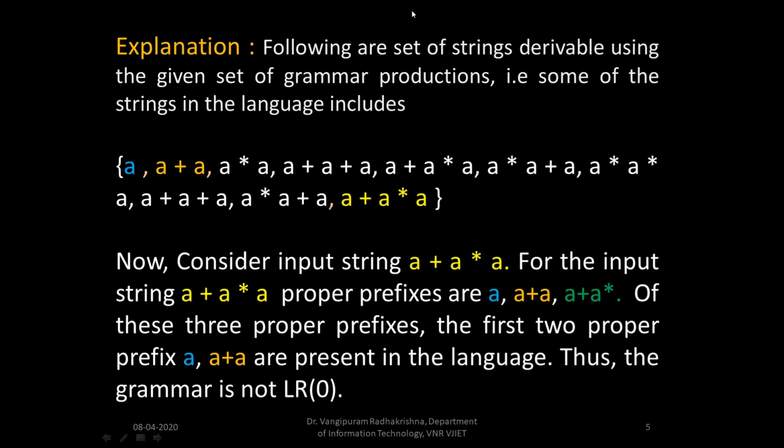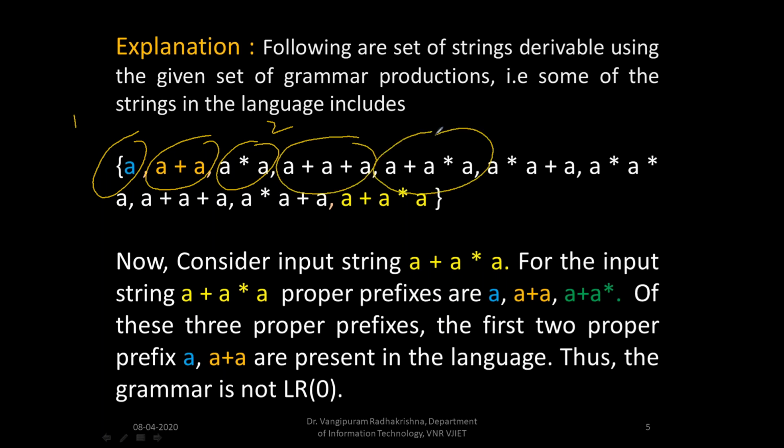Now, let's look into the possible set of strings of length 1, length 2, length 3, and so on. Here, A is a string of length 1. A plus A and A star A are both strings of length 2. A plus A plus A and A plus A star A are strings of length 3.